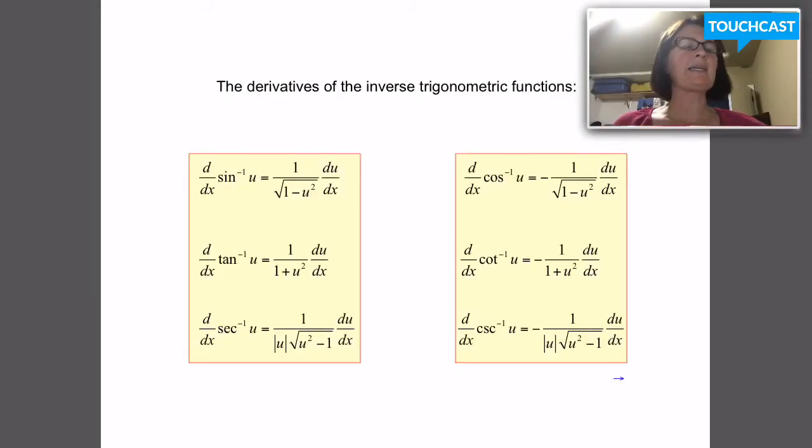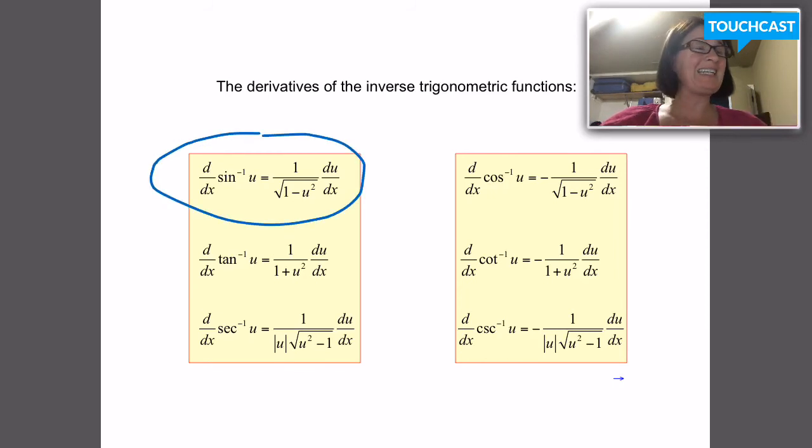So I'll point out one last thing. These are the derivatives of the 6 inverse trigonometric functions. It looks like a lot of new stuff to memorize. So let me just point out, I have these lined up so that across from each other are the co-functions. Here I have the derivative of inverse sine. The co-function of sine is cosine.